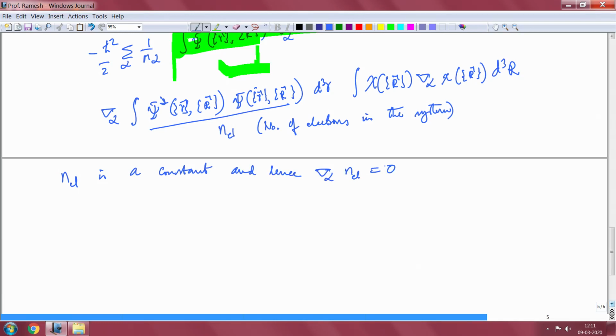So, the expectation value of the first neglected term is 0. So, the approximation is safe so far, no problem. We will continue with this in the next class. Thank you.